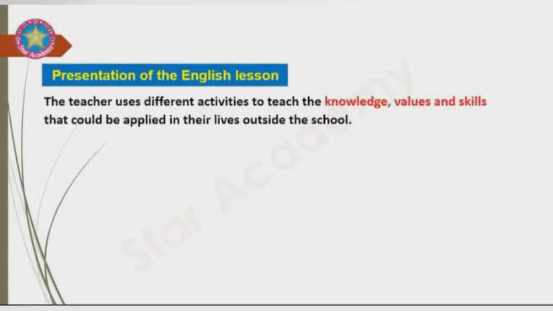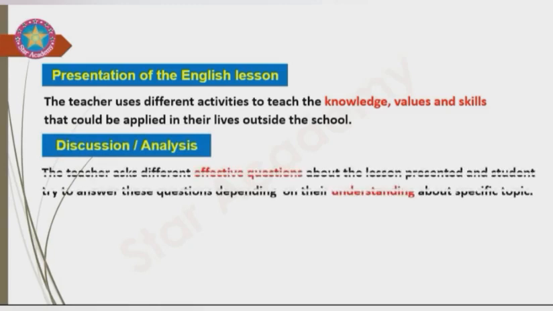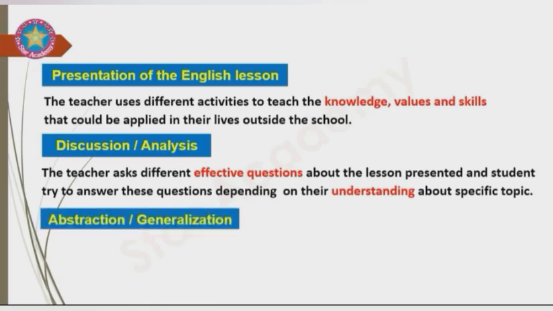The teacher uses different activities to teach the knowledge, values, and skills that could be applied in their lives outside the school. And discussion. During discussion, the teacher asks different effective questions about the lesson presented and students try to answer these questions depending on their understanding about the specific topic.